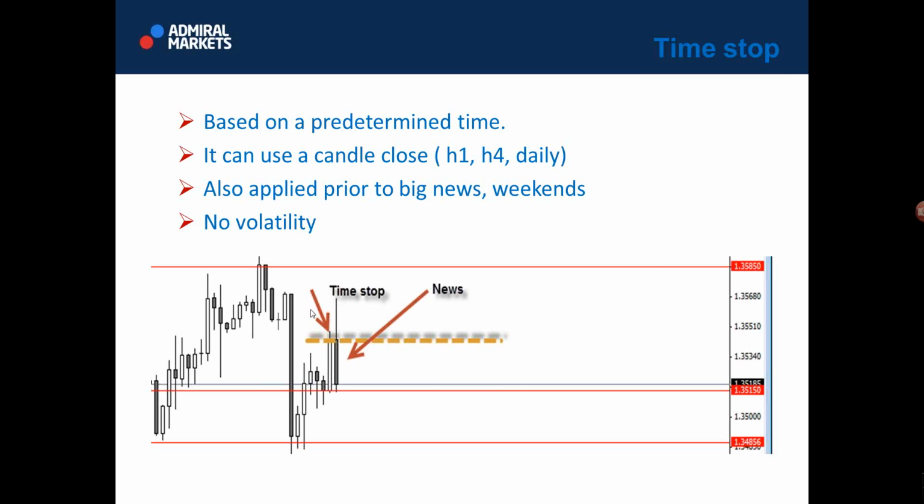So hourly stops are used. Usually after 1 hour, you will close your trade. So it doesn't matter if it's in a profit, you will close it in profit. If it's in a loss, you will close it in a loss. Some strategies can apply time stops, fake out strategies, or those strategies which are scalping on intraday time frames. But I don't do that. I don't use time stops, and I really don't advise using time stops unless your method explicitly tells you to use it.